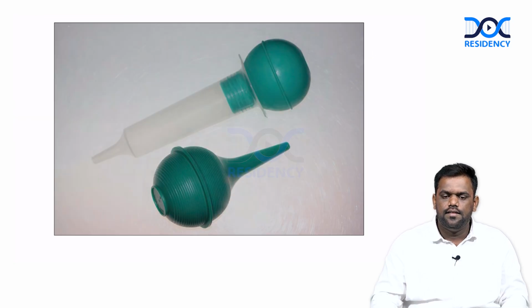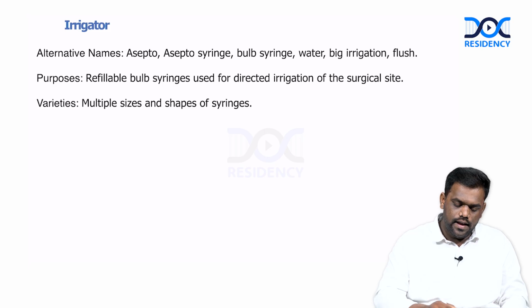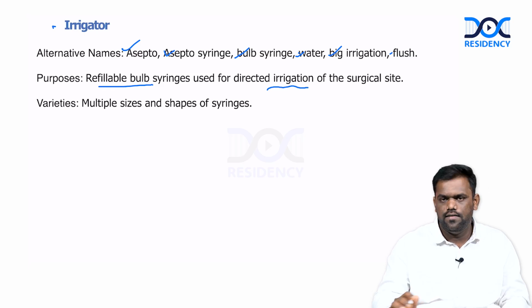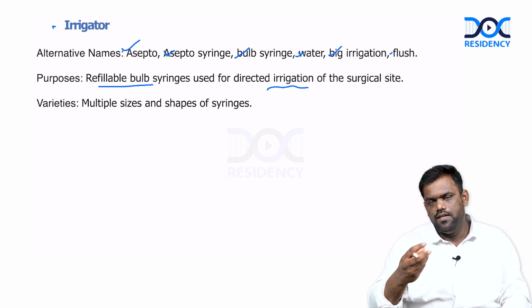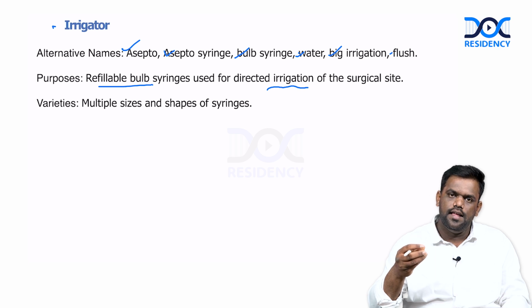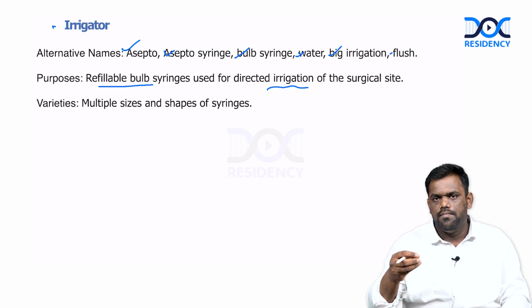Next, identify this. This is an irrigator, and we can also call it an Asepto syringe or a bulb syringe. It is a refillable bulb syringe used for irrigation of the surgical site. We always use this bulb syringe to irrigate the dissected area whenever you are dissecting the brain parenchyma and whenever you are going to wash.